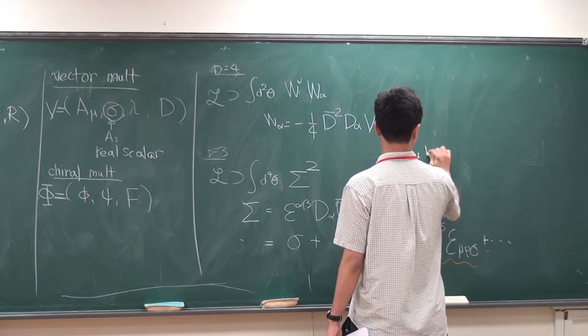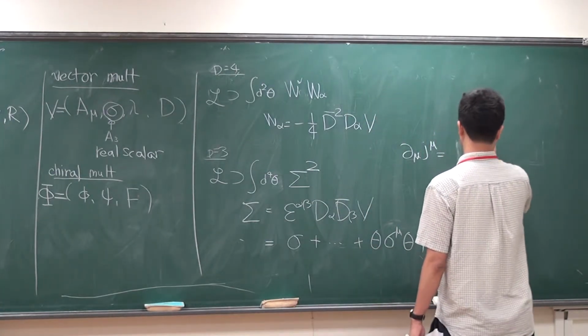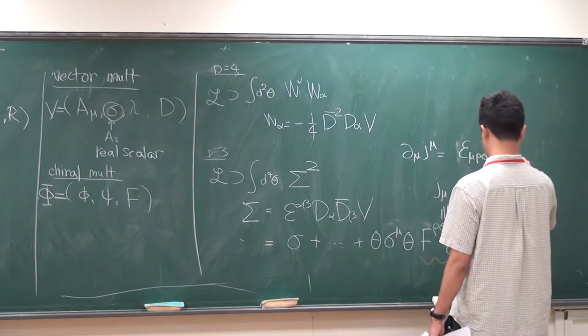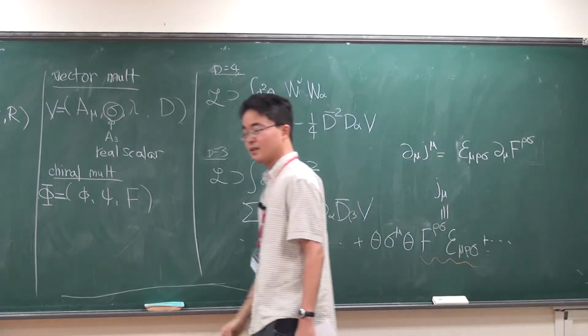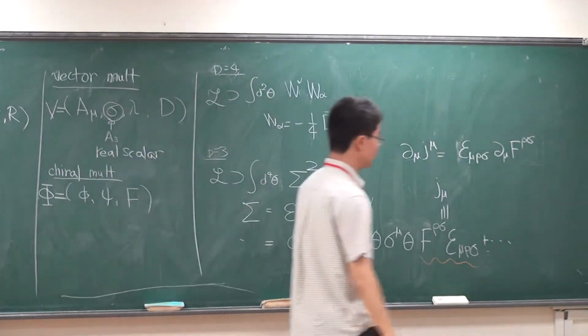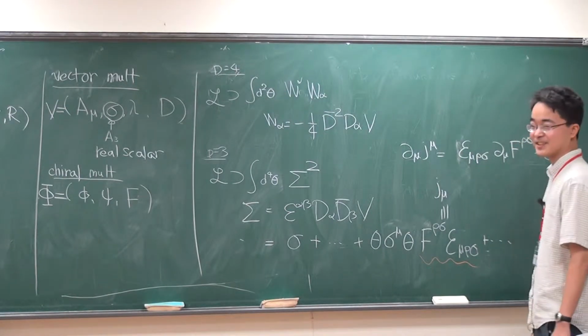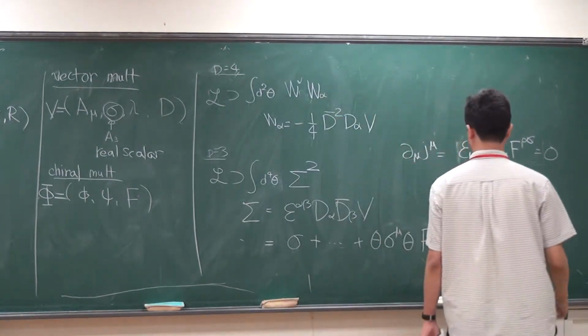So we have epsilon mu sigma, and the derivative of f rho sigma, but this is 0 due to the Ampere, or since I'm doing the Ampere case, you can just expand and check. So this is a conserved quantity.